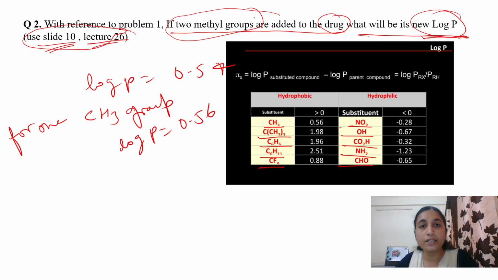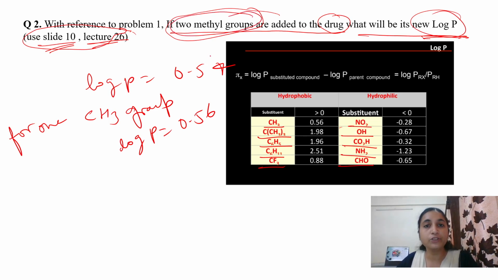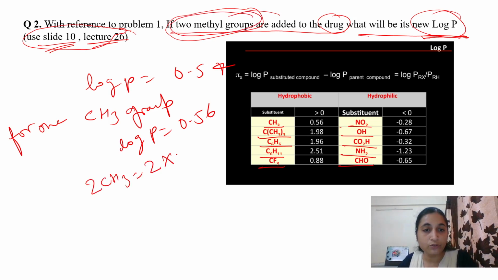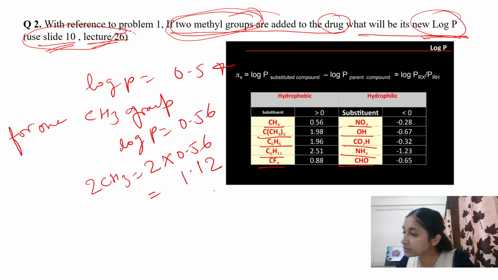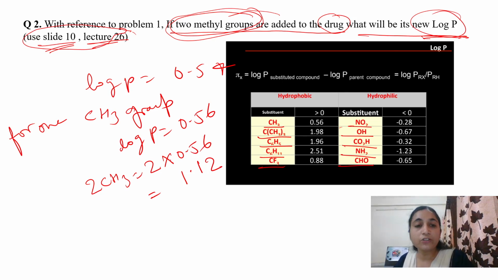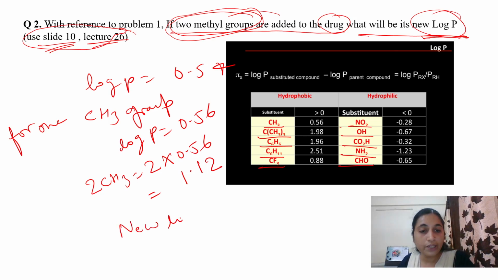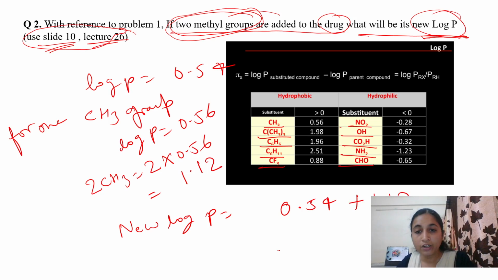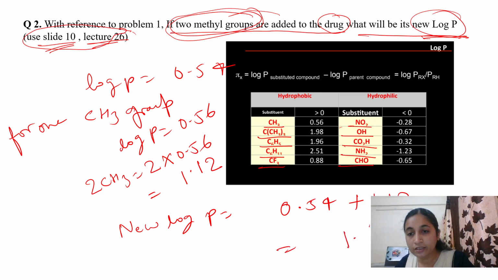But in the question we have to add two methyl groups, so it will be 2 into 0.56, which is 1.12. So the new log P equals the previous log P value of 0.54 plus 1.12 from the two methyl groups, and this will be 1.66. This will be the answer.